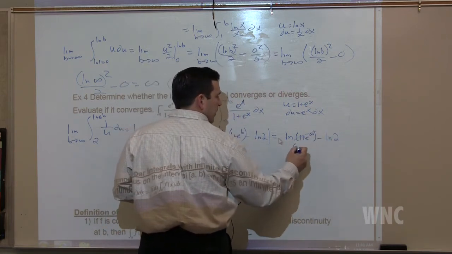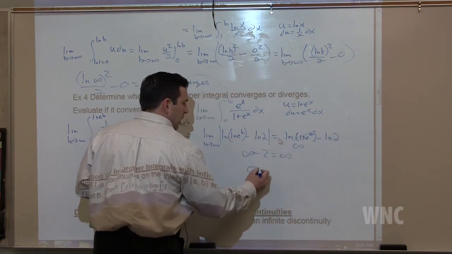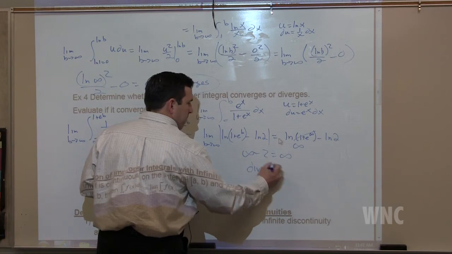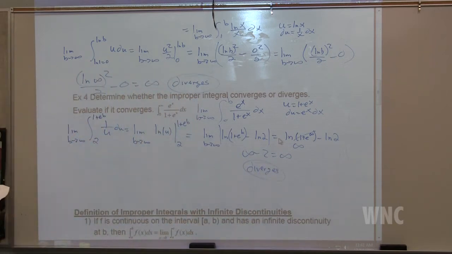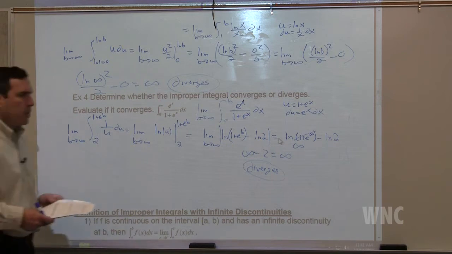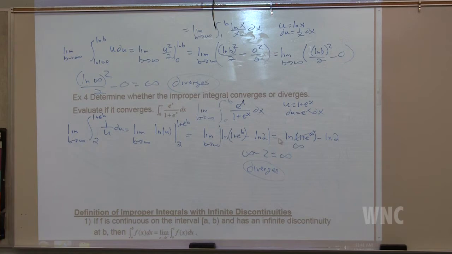This part here is infinity. So we have infinity minus natural log of 2, which is infinity. So it diverges. Okay. So we had 2 converge, 2 diverge. We're batting about 50 or 500 as they say in baseball.